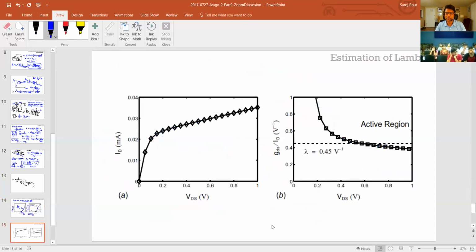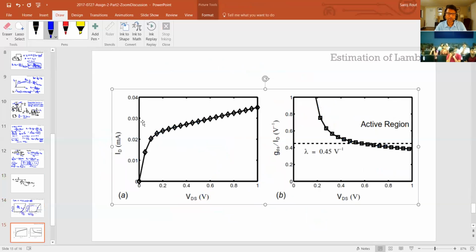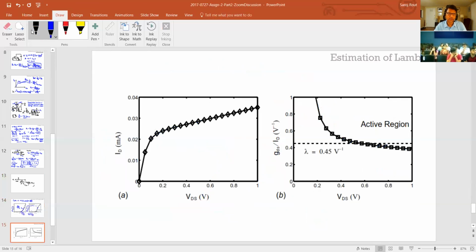And the same thing with estimating lambda. So this is your ID versus VDS. That's your reason for RDS, right? 1 over RDS is dID over dVDS.